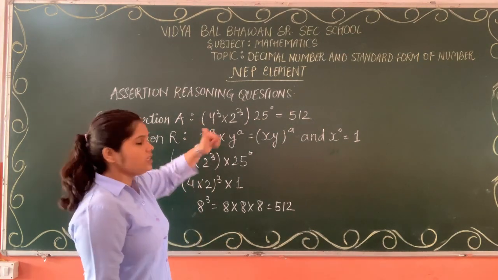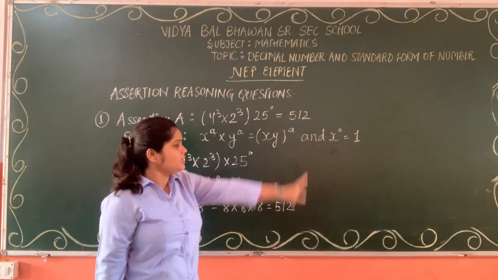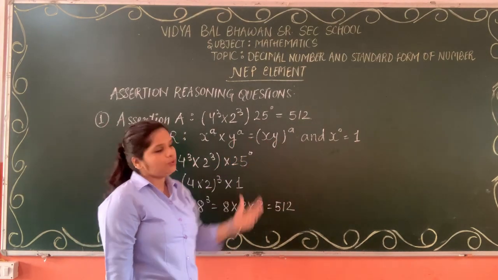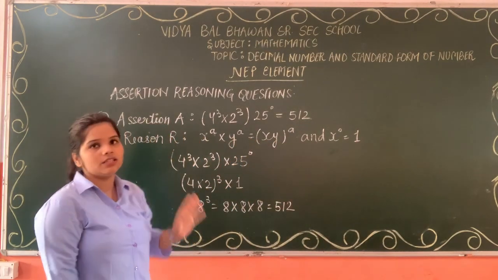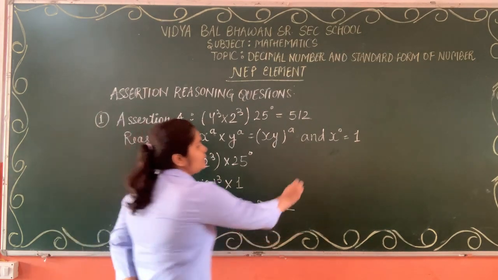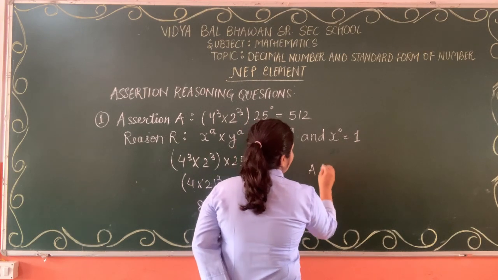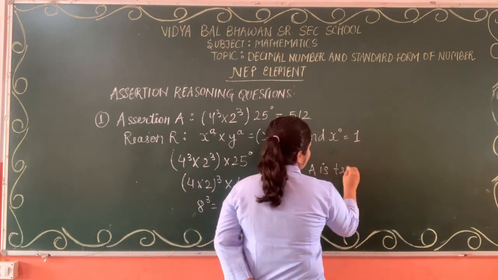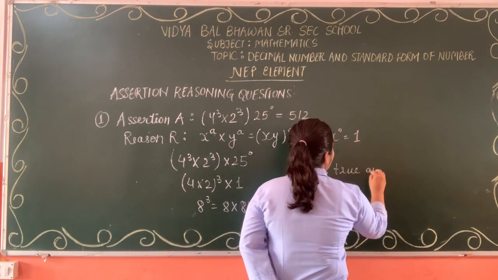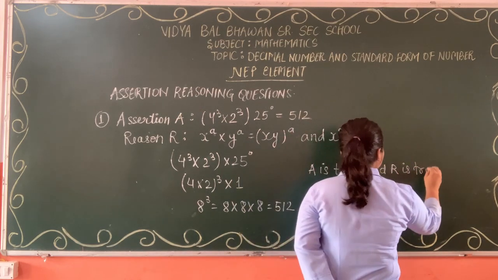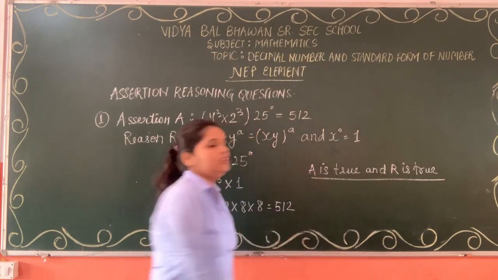So the assertion is true because the answer is coming the same and we have followed these two laws of exponents in solving this, so this reason is also true. So what will be the answer of this question? Assertion and reason both are true.